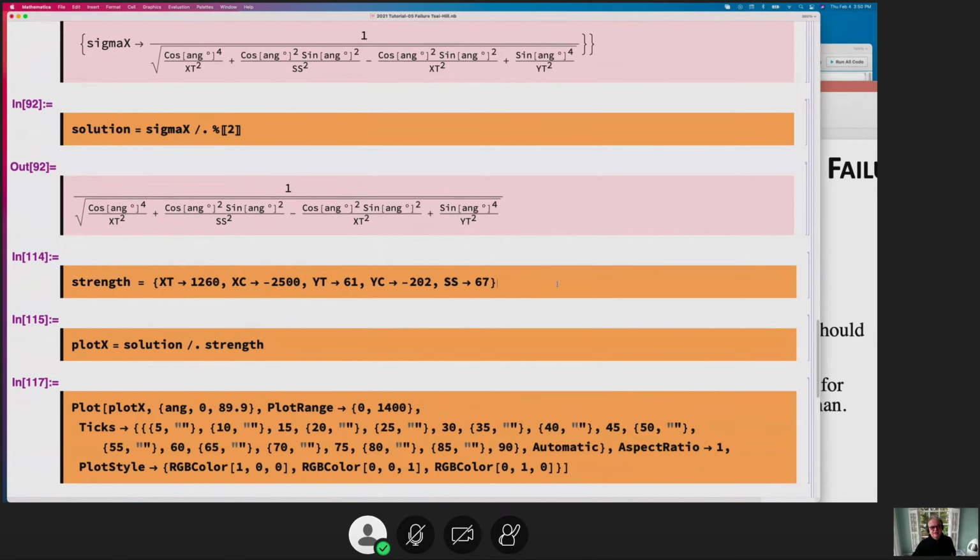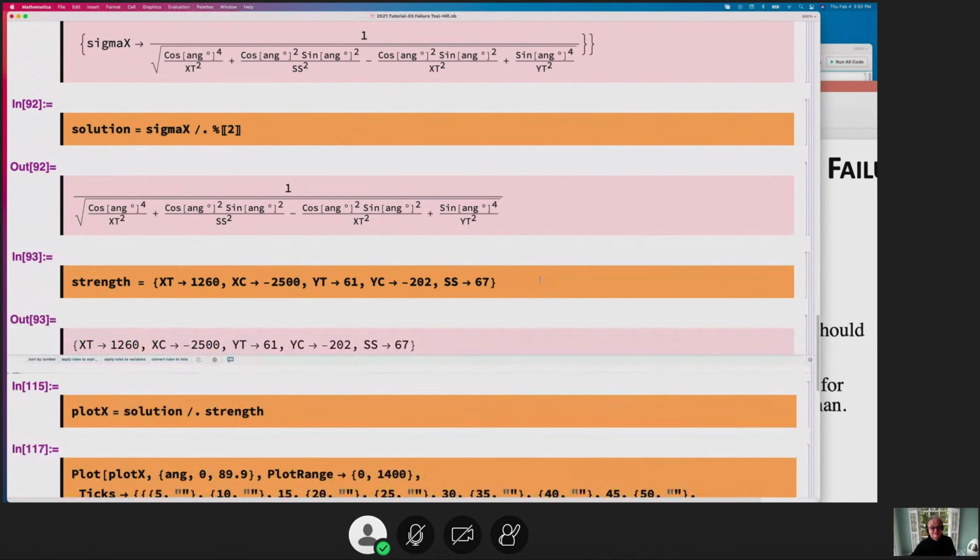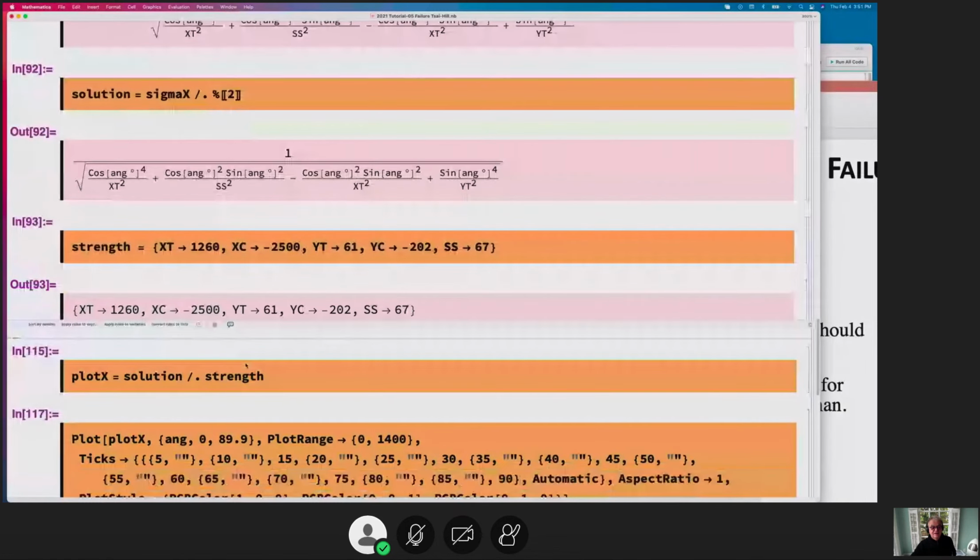Let's say megapascals, and you have to do your stress analysis accordingly. So my strength is basically a bunch of conditions: XT goes to 1260, XC, YT, YC, SS.